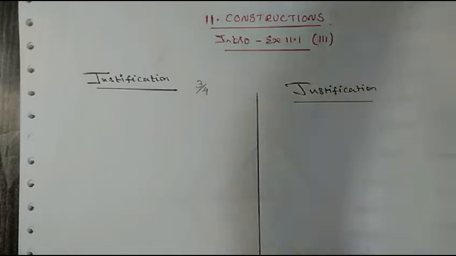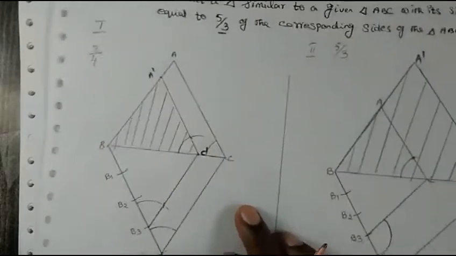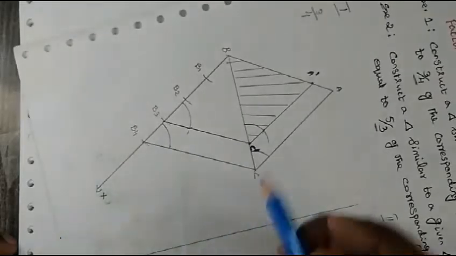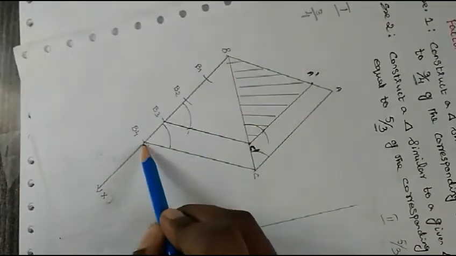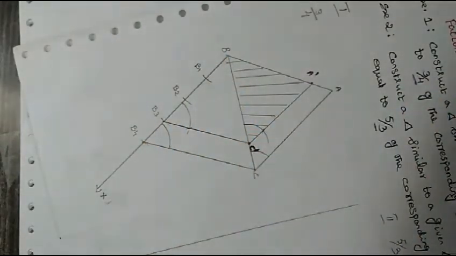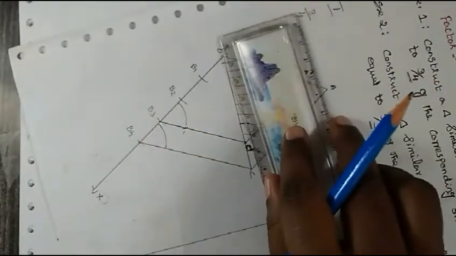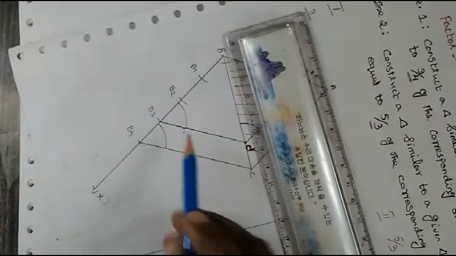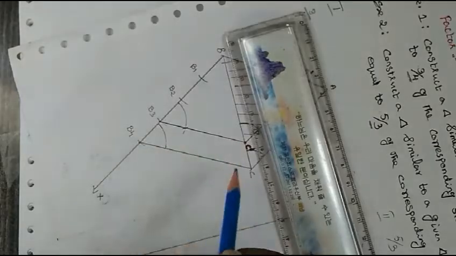Now just look at this triangle. I'm just turning it. Now you see this is triangle B, B4 and C. If you take this triangle, forget about this side and this side. This is the parallel line we are constructing.